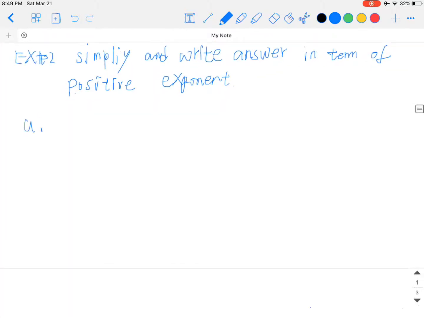Let's try a, x to the 4 times x to the 5 times x to the negative 2.